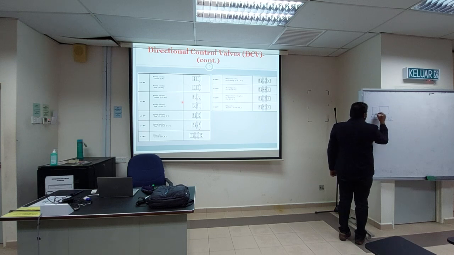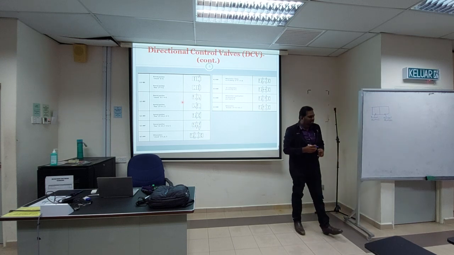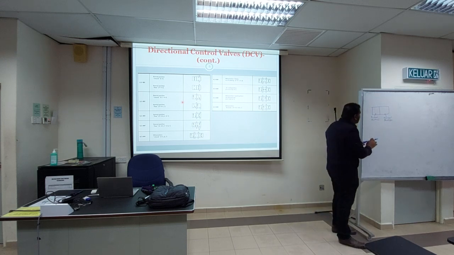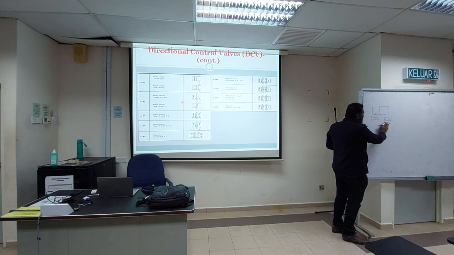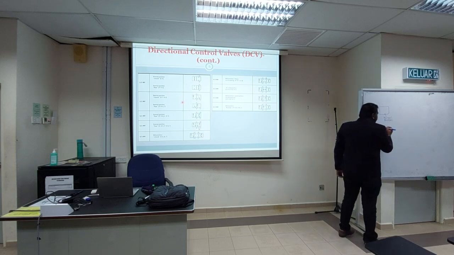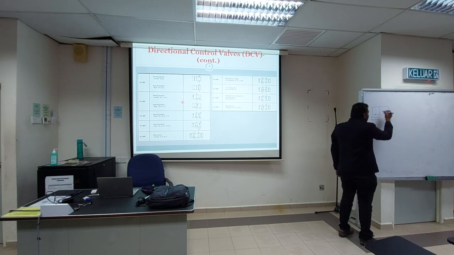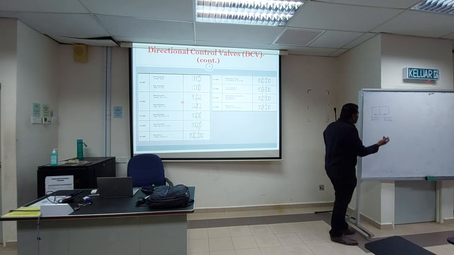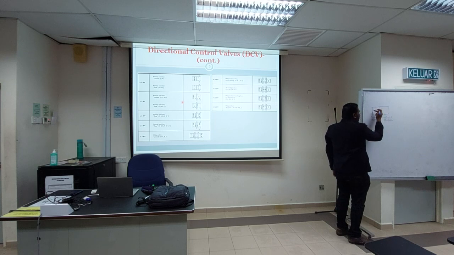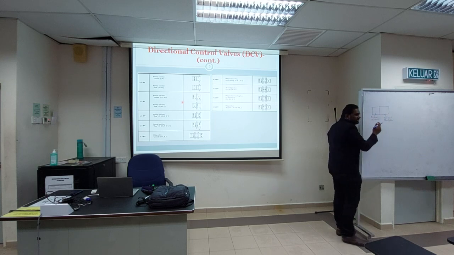So the difference between normal and also initial position adalah ni. Okay, normal adalah unactuated, meaning you tak bagi apa-apa power, so it will be in this condition, this connection. Kalau you bagi apa-apa power, dari sini dia akan ambil, dia akan jalankan operasi di dalam initial condition.